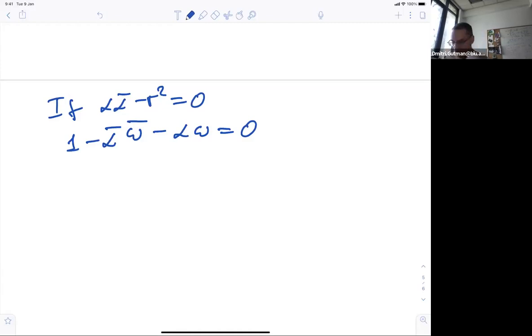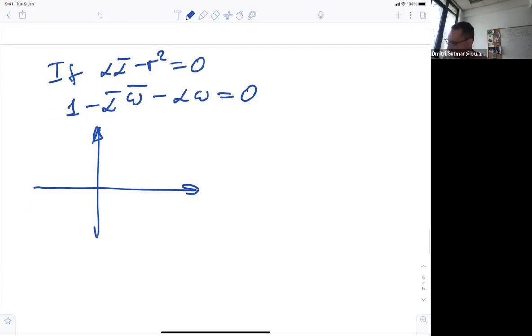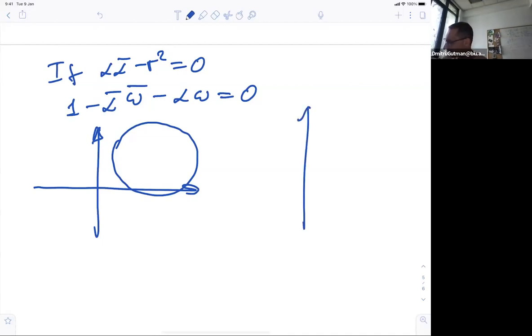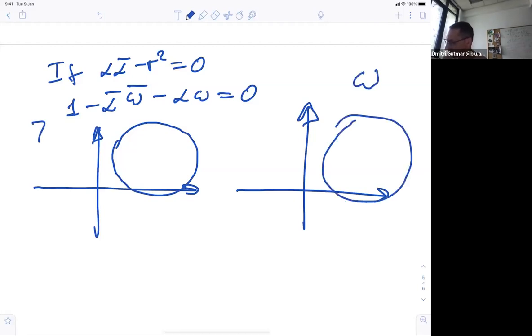So we first had a circle on a complex plane, and schematically this circle could be like this. This is a circle that does not touch the origin, and this circle is mapped schematically to another circle on the W plane.